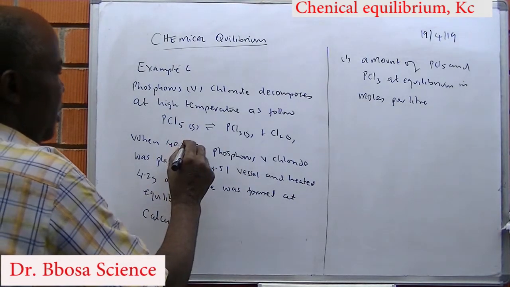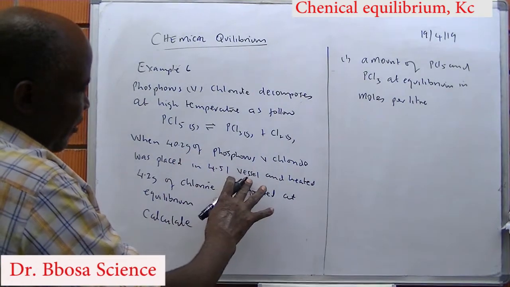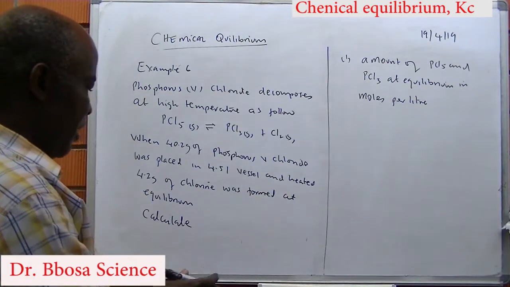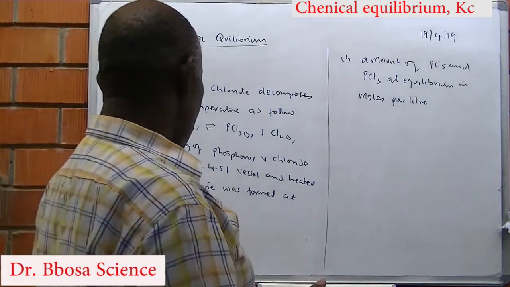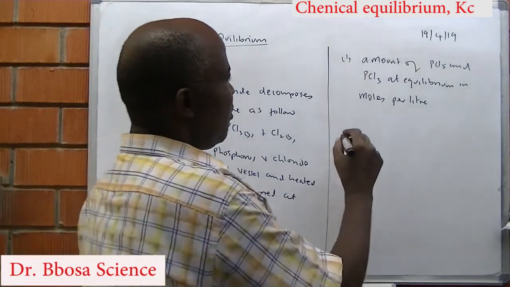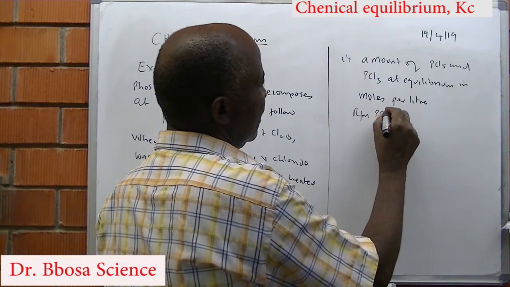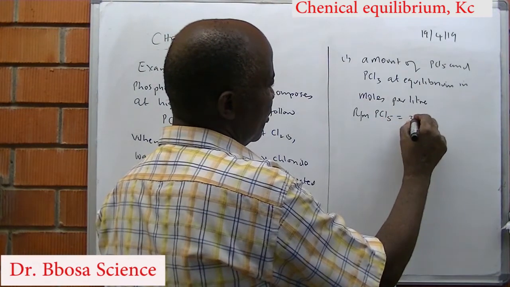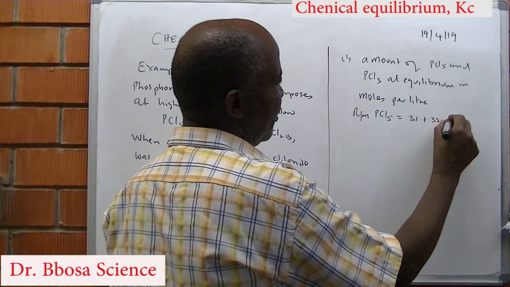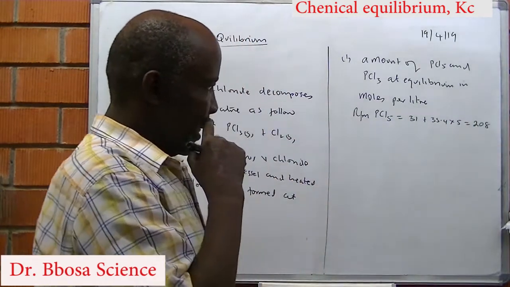Example 6. Phosphorus 5 chloride decomposes at high temperature as follows. When 40.2 grams of phosphorus 5 chloride was placed in a 5-liter vessel and heated, 4.2 grams of chlorine was formed at equilibrium. Calculate Kc. First, we calculate the RFM of PCl5, which is equal to 31 plus 35.4 times 5, which is equal to 208.